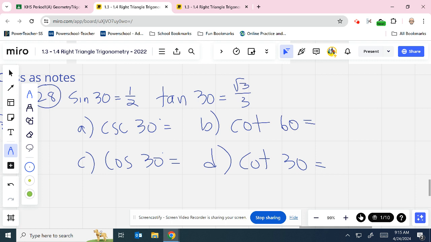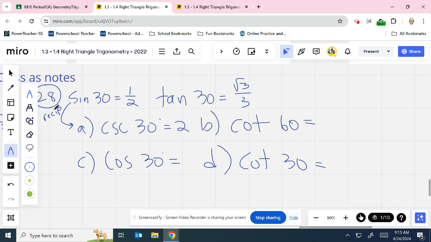Cosecant and sine are reciprocals. So if I know sine of 30, then cosecant of 30 has to be what? 2 over 1, which is just 2. Okay, so that's a 2 right there. Or you could put 2 over 1. Either way works, because these are reciprocals. I'm going to just put recip for reciprocals.